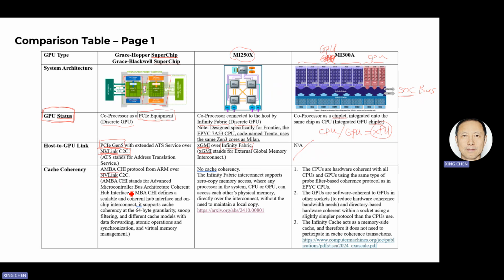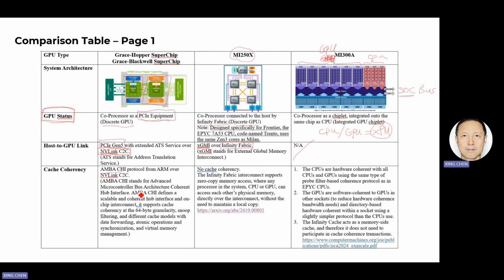but have the license from ARM. Nvidia has also got the license to use this protocol on top of this NVLink C2C connection, because the Hopper GPU needs to be cache coherent with the CPU, and naturally you have this cache coherent protocol from ARM.